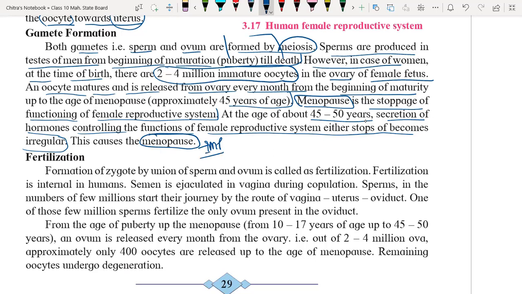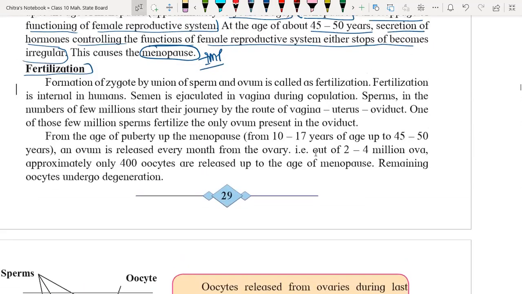Okay. Now, next we have fertilization. It is the second important process after gamete formation. When the male gamete, the sperm cell, fuses with the egg cell, they form a zygote. Here we have a haploid cell, and here we have a haploid cell.